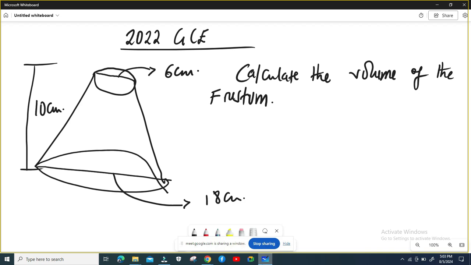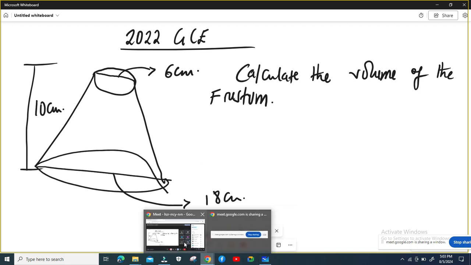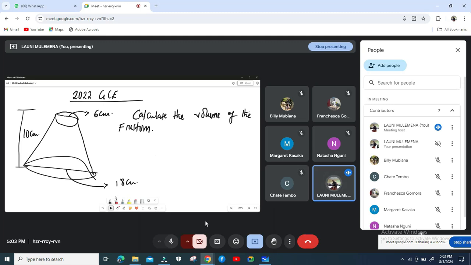So regardless of the type of Frustum that you have been given, you need to be able to enjoy the calculation. All 3 shapes which I've highlighted, the Frustum of a cone, the Frustum of a square pyramid, and the Frustum of a rectangular pyramid, I've shared the formulas with you by the WhatsApp group. Very simple formulas with an explanation of what each and every letter stands for.